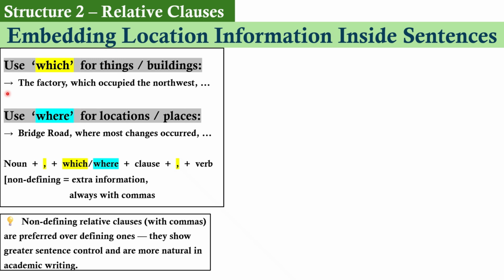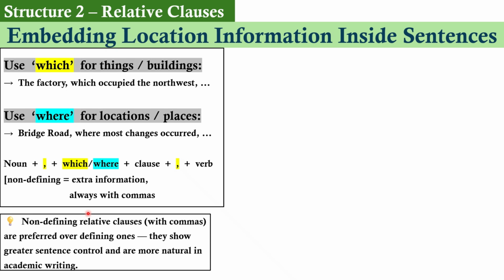Instead of writing several short sentences, strong candidates embed additional details inside a single sentence. Relative clauses help us do exactly that. First, notice the basic rule on the left. We generally use which for things and buildings, and where for locations and places. These are called non-defining relative clauses because they add extra information and are separated by commas.